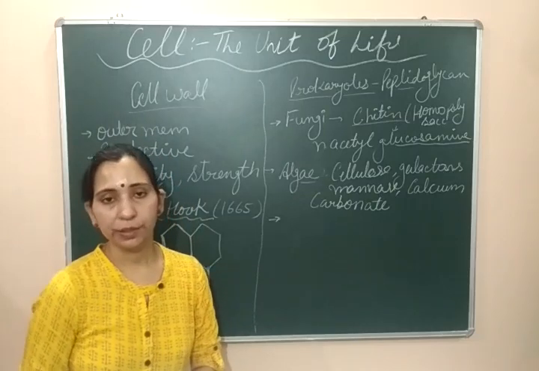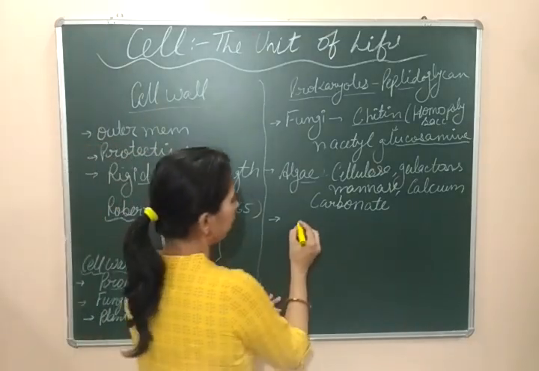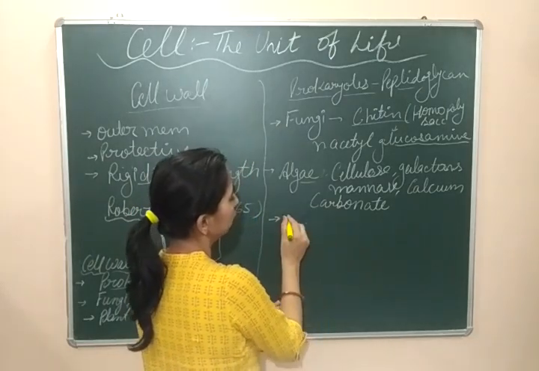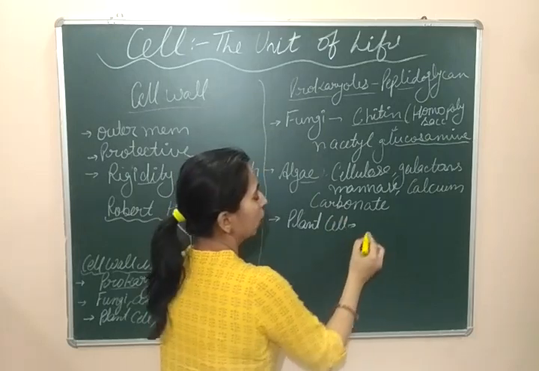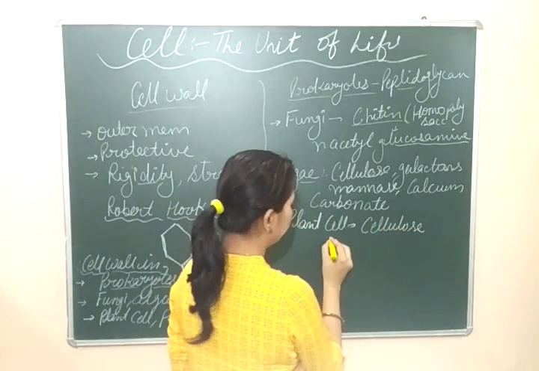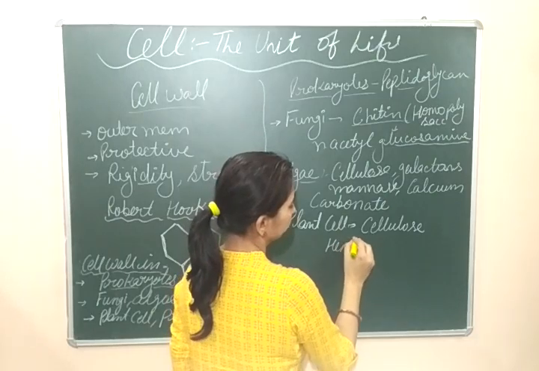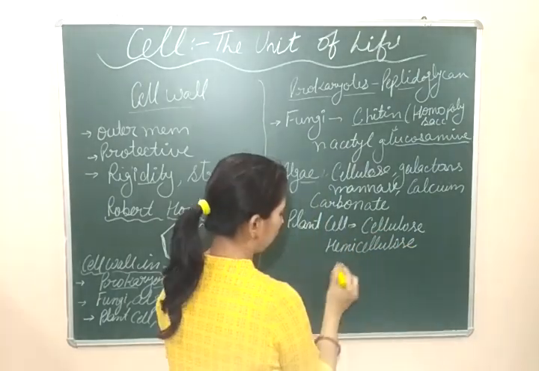In the case of eukaryotes, only plants have a cell wall made up of cellulose. So we are talking about the plant cell. The plant cell wall is made up of cellulose, hemicellulose.